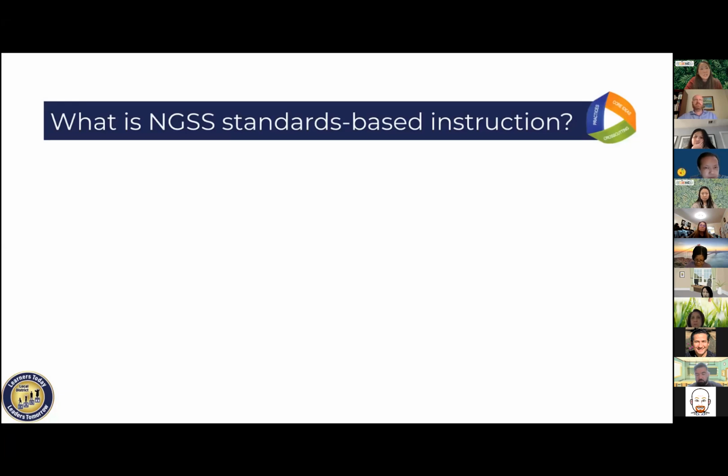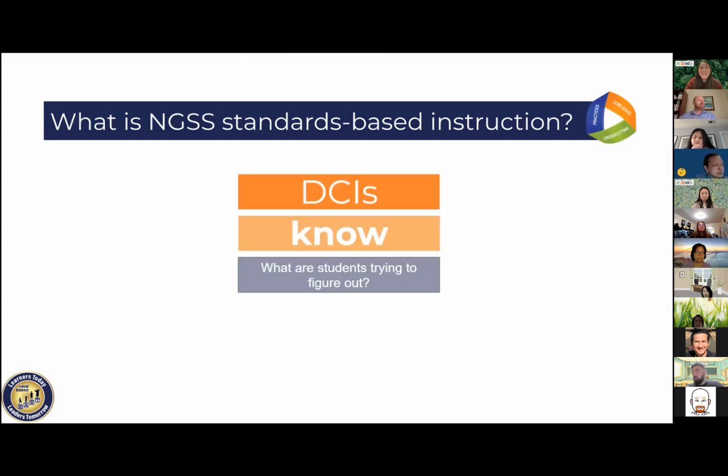So then moving on, we see that when we talk about our Next Generation Science Standards, we're talking about 3 dimensions. So that first one being our domains, right? What are the disciplinary core ideas? What do we want our students to know? I think it needs to pop up. There we go.